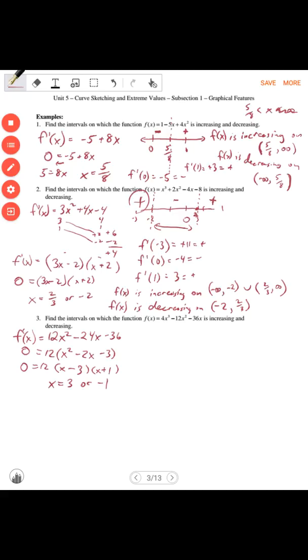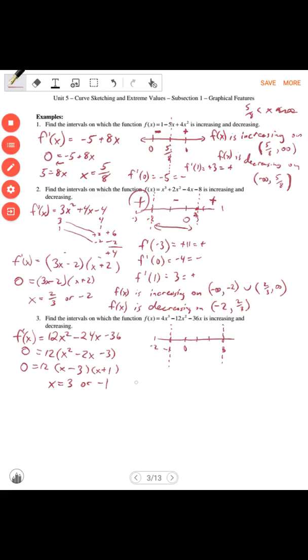Okay, so if those are the critical values, set up our number line like so, and negative 1's there, 0, 1, 2, 3 is there. Okay, so here's our regions, negative 1, positive 3. Okay, marvelous. All right, so numbers to check.